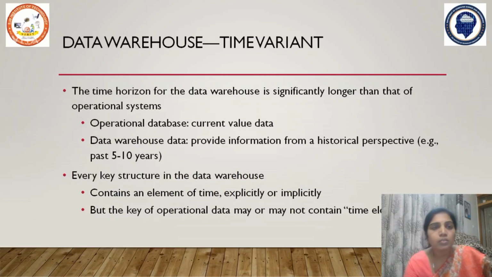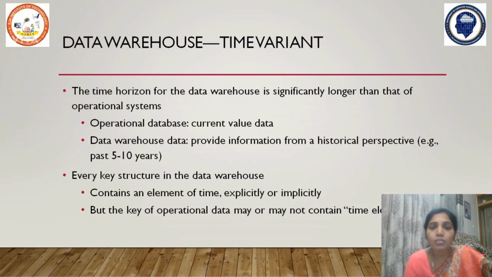Next is time variant. The data warehouse is time variant, as per the definition given by Inmon. How is it time variant? The time horizon for the data warehouse is significantly longer than that of the operational system. The operational database will have current value data.